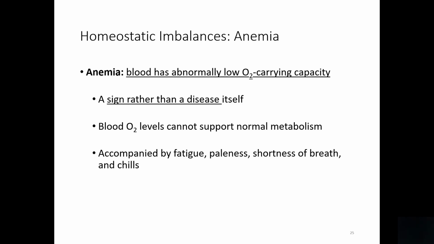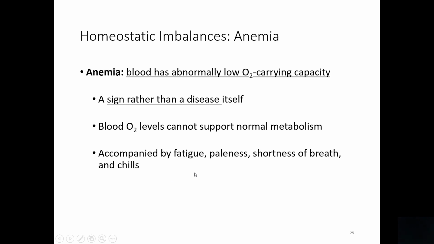Let's talk about homeostatic imbalances. Anemia. What is anemia? It's when blood has abnormally low oxygen carrying capacity. Different reasons can cause it, but blood cannot carry enough oxygen for our cells. And it's not a disease itself, it's rather a sign of a certain condition.